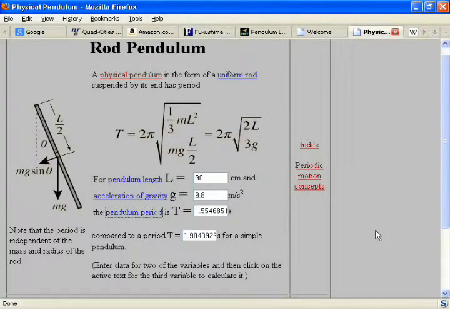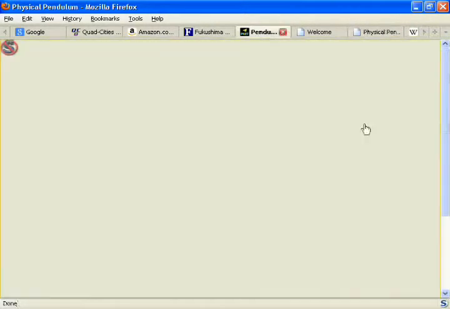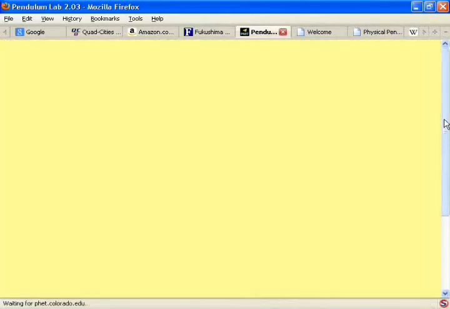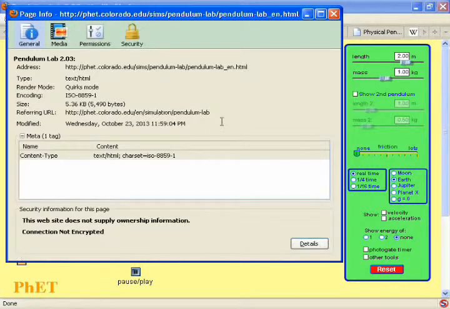And we're going to move on here to see if I can find it here. Pendulum Lab. Okay, now we're at Pendulum Lab, and we are at the University of Colorado.